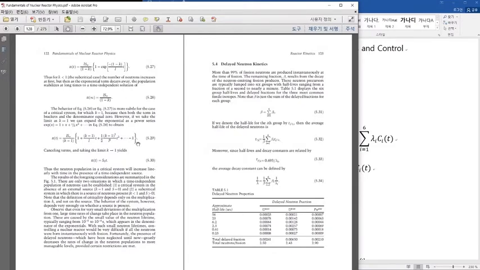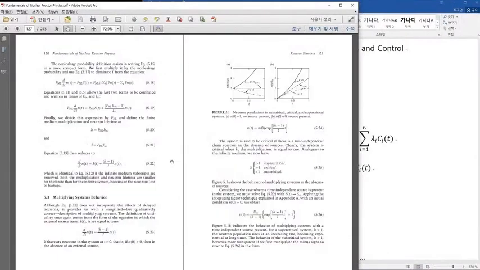First, we solve the solution for the case when we do not have an external source.